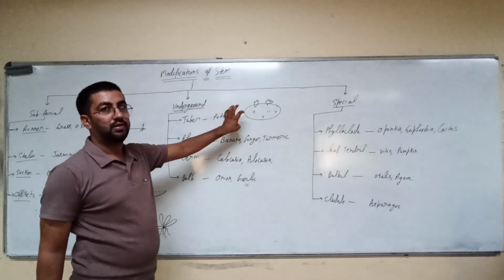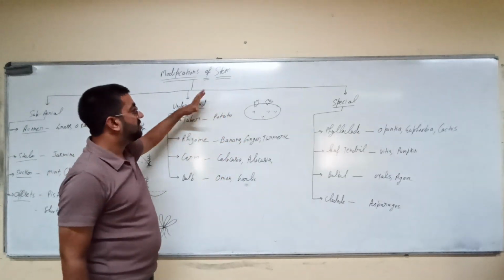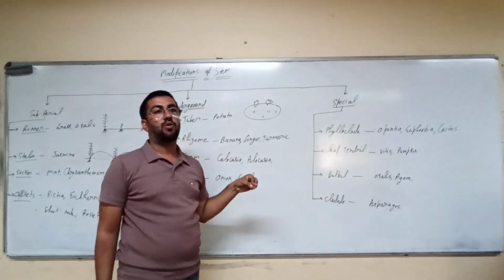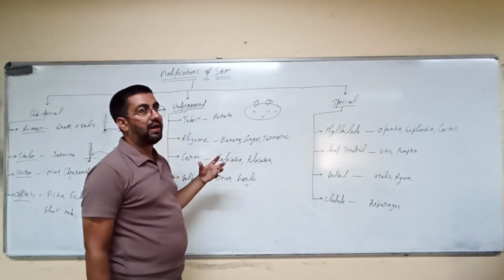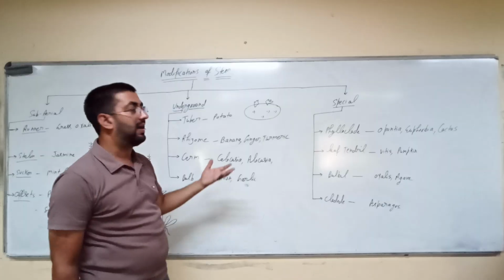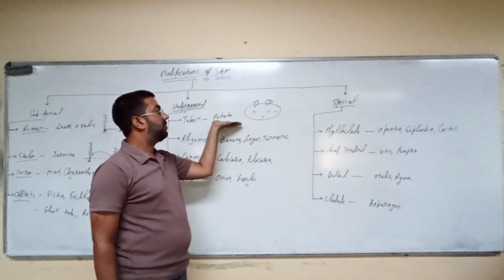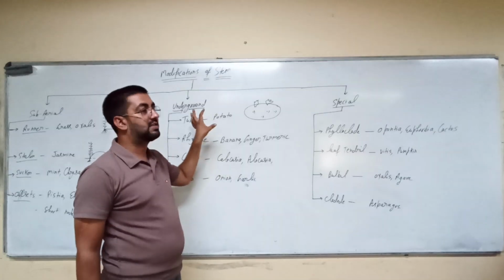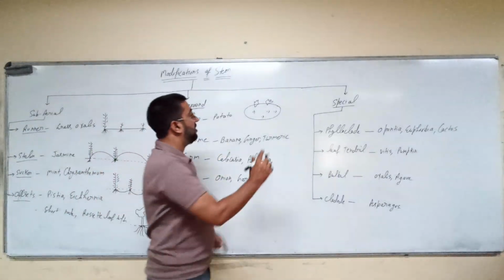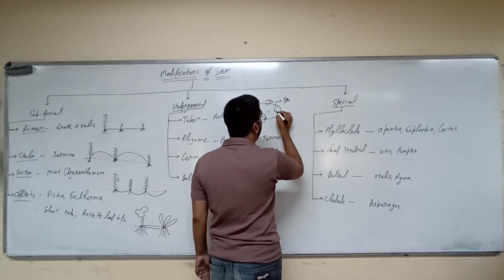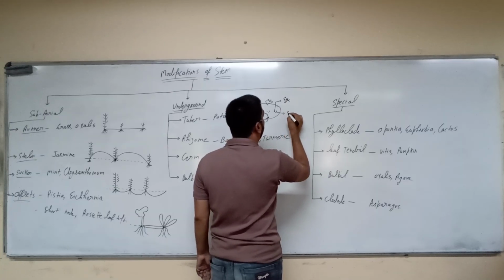This is a tuber. When the last tip of the stem gets modified and stores food, it gets swollen like that and converts into a potato. This form is known as tuber. Again, this dot-like structure is known as eye, and this one is known as leaf.